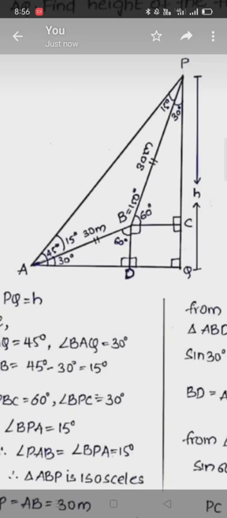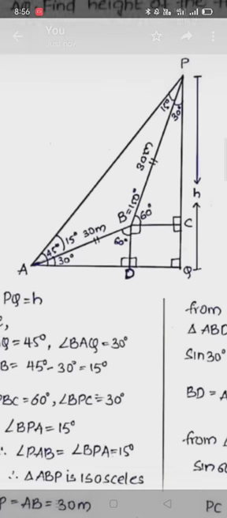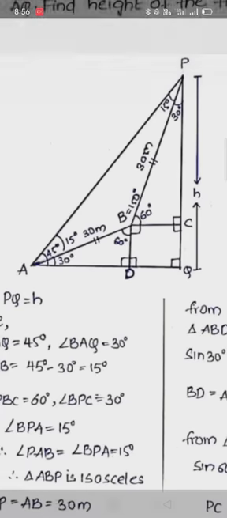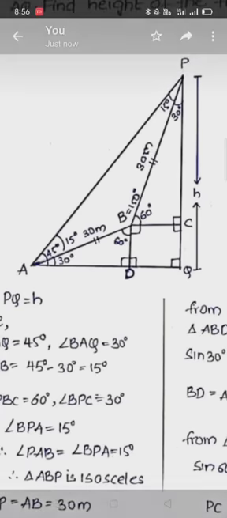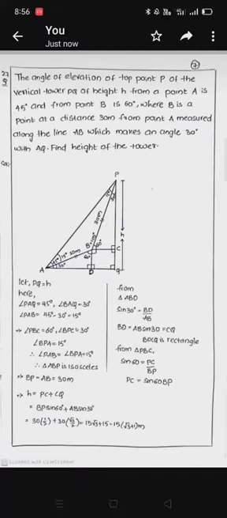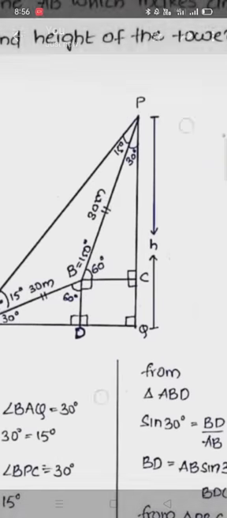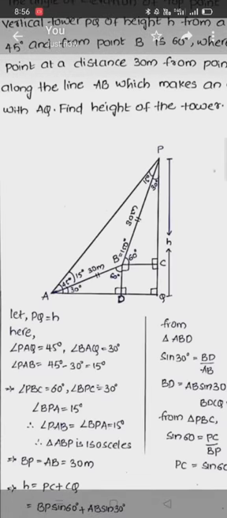We know AB is 30 meters, which is opposite to a 15 degree angle. So BP, opposite the other 15 degree angle, must also be 30 meters. So AB equals 30 meters and BP is also 30 meters, as ABP is an isosceles triangle.